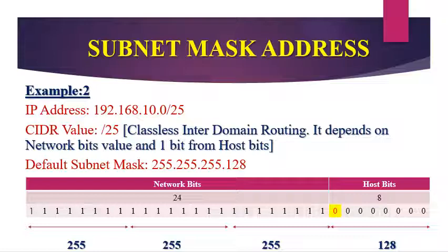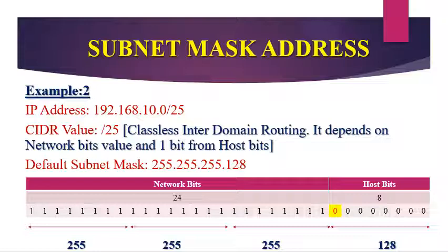So what is the default subnet mask? Already 24 bits are network bits, all the 24 bits are 1, so you will get 255.255.255. Then how do we get 128 in the host part? The MSB, the first bit, will be allocated for the network. That is the 2 power 7th position.